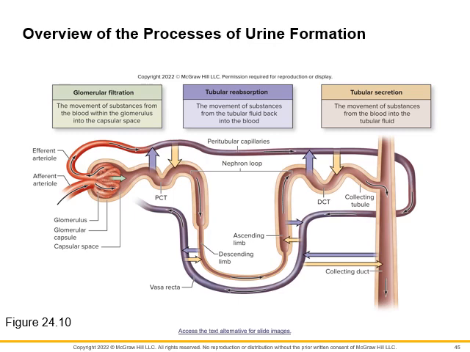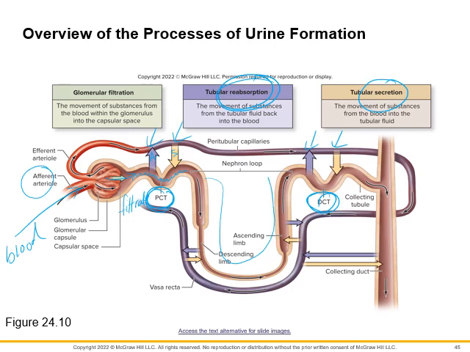I think this is a really nice image to show you the overview. I think it's easy for us to realize that the proximal and the distal are doing both reabsorption and secretion. We can see the afferent arteriole is moving blood in. The small molecules get filtered through the glomerulus, and now we have filtrate. As this fluid is moving through the proximal convoluted tubule, we can reabsorb, so absorption or secretion.